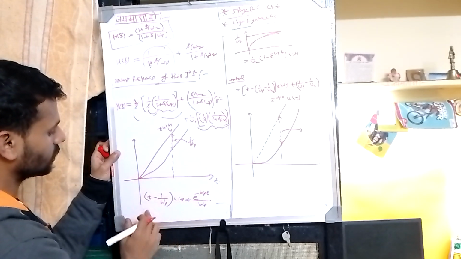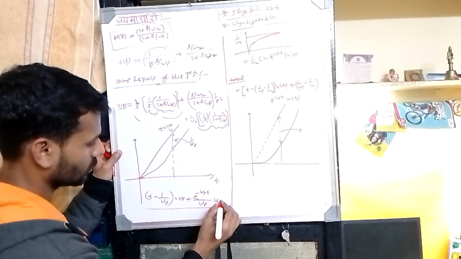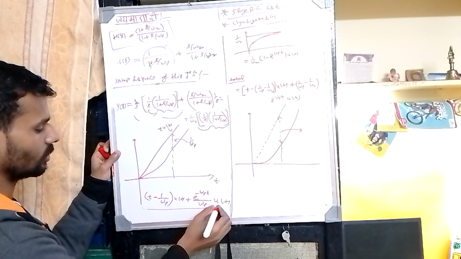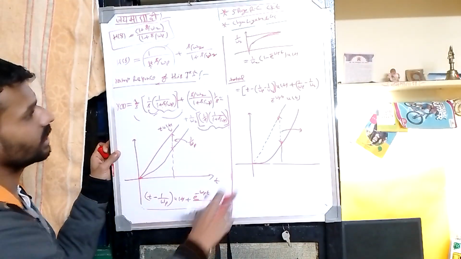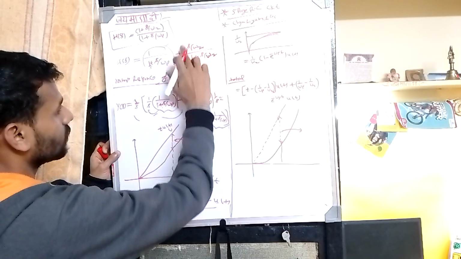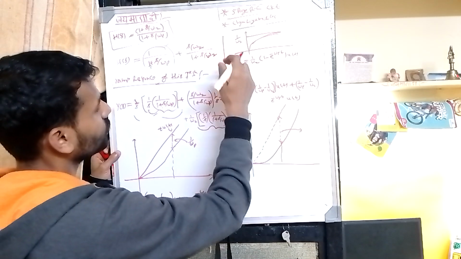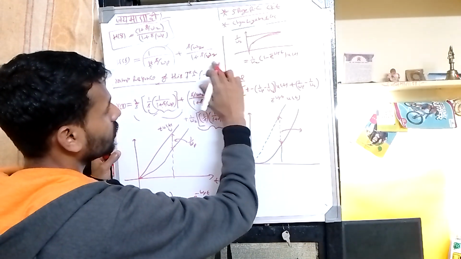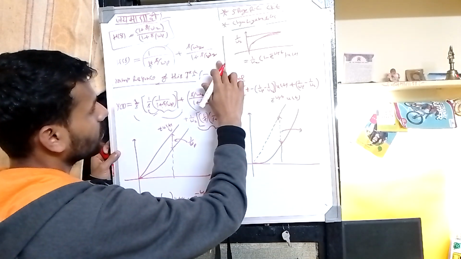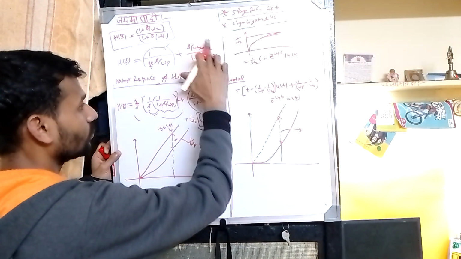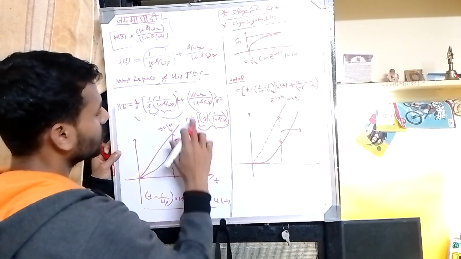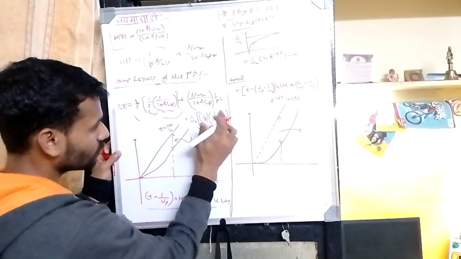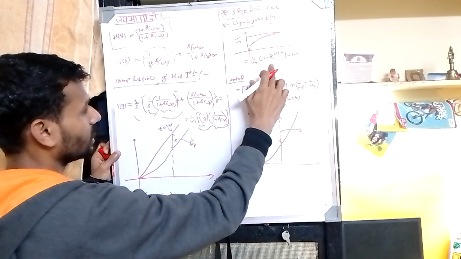So the time domain equation is t minus 1 upon omega p u(t) plus e to the power minus omega p t upon omega p into u(t). And for this transfer function, if you want the ramp response, then this transfer function will become this, and this looks exactly like the step response of this, and the step response of this is here.